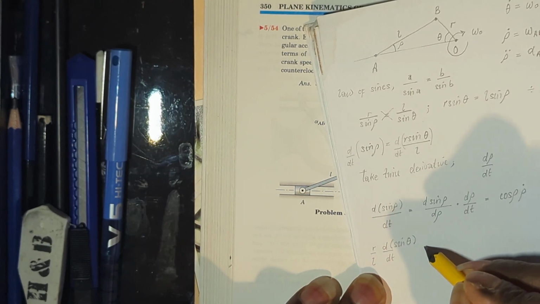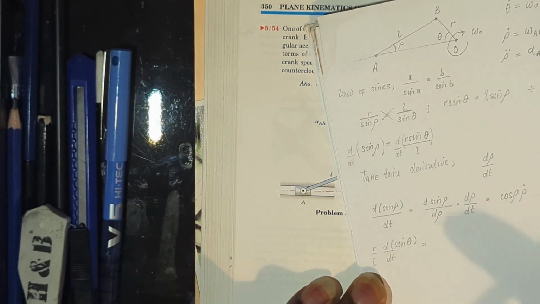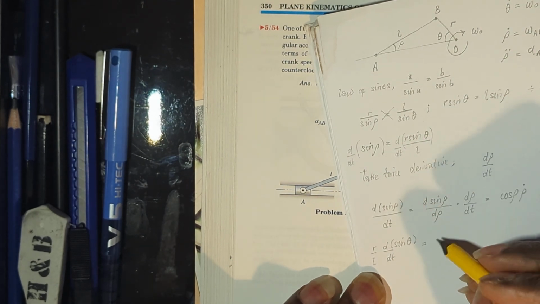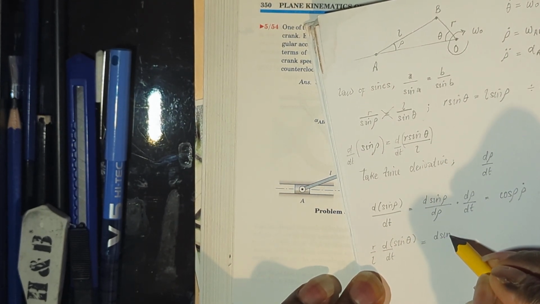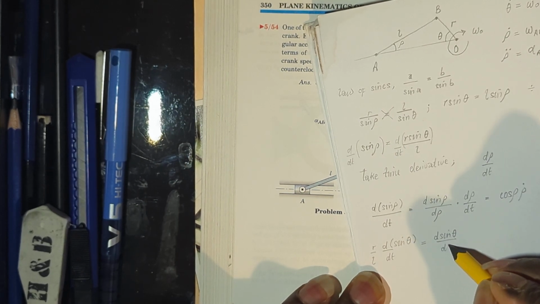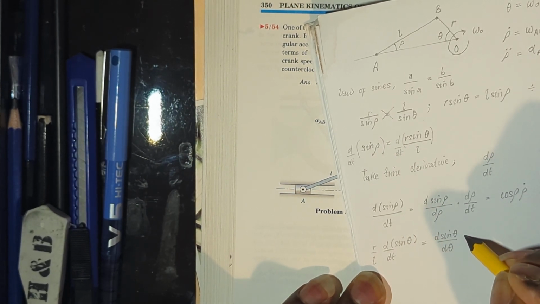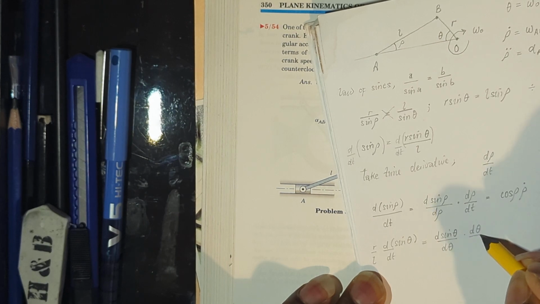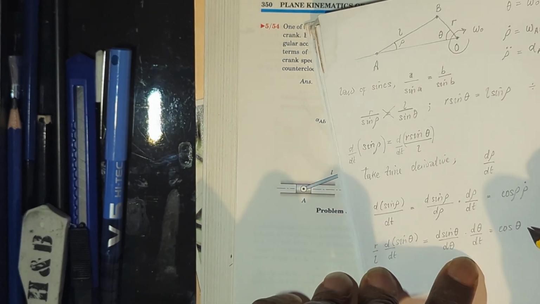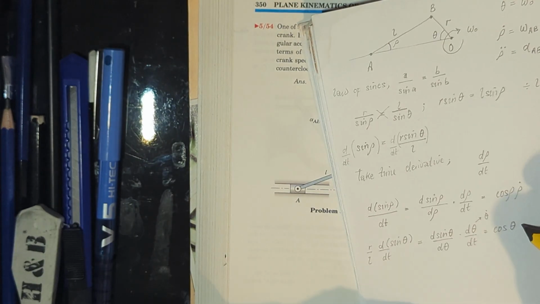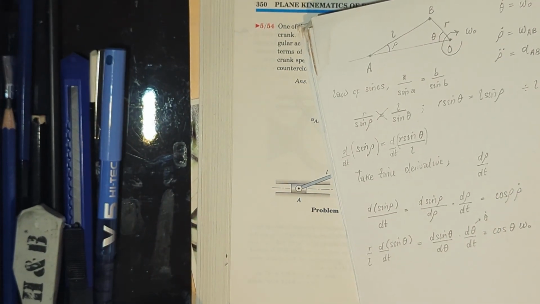Same with theta: sine theta depends on theta and theta depends on time, so d sine theta d theta multiplying the time derivative of theta, which is theta dot, gives cos theta. And theta dot is still omega naught.